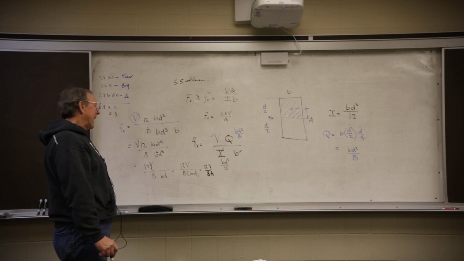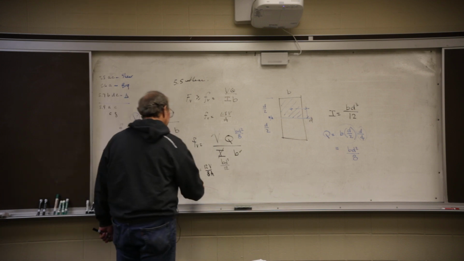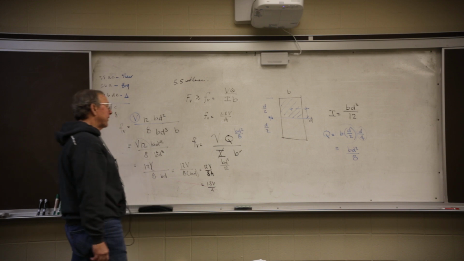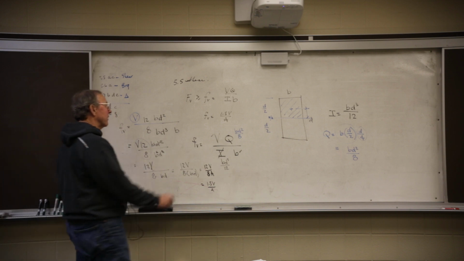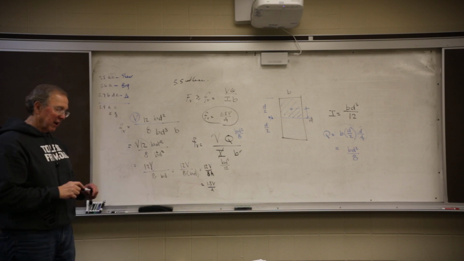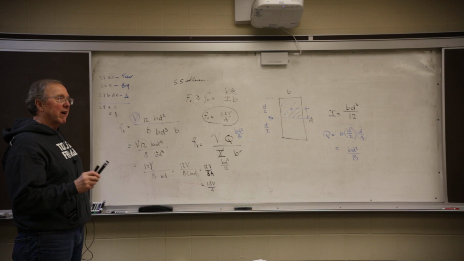Can I take and divide 8 by 8 and get 1, and 12 by 8 and get 1.5? And doesn't that come close to matching this? Which is exactly the same equation if I specialize it for a rectangle.